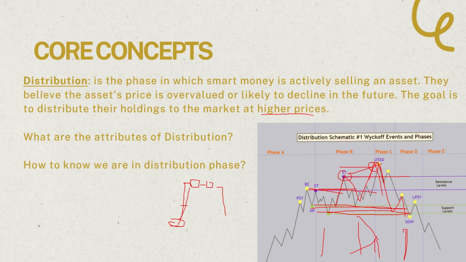When you get to the sign of weakness, you now see a corresponding surge in volume, which is indicating a decline within the trading range and can signal the presence of institutional or smart money selling.